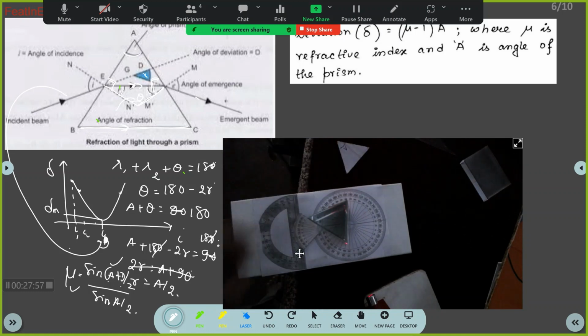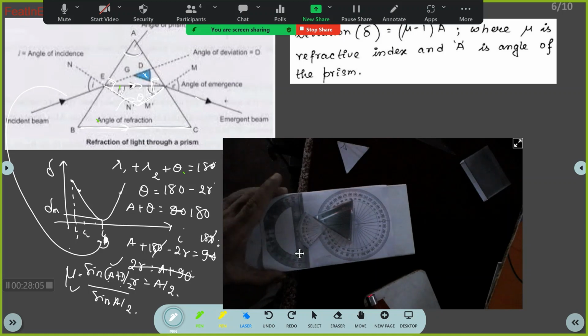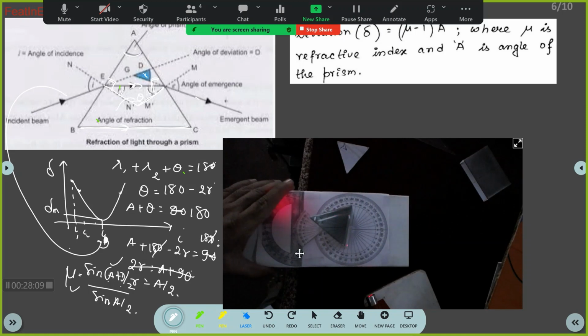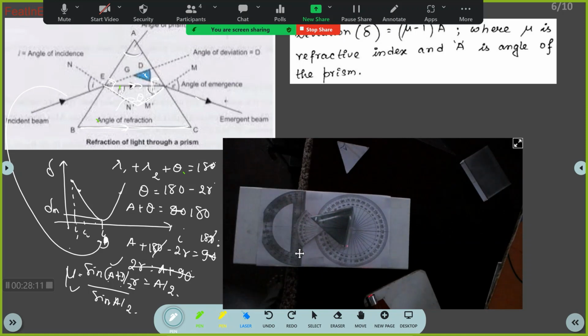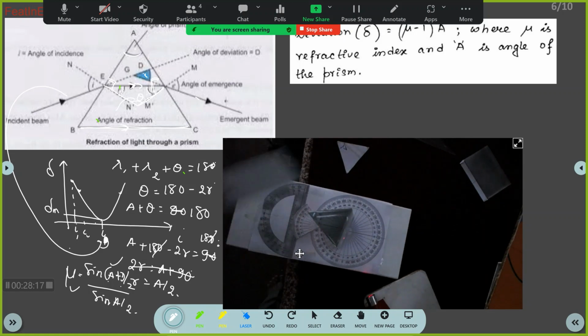Mr. Murthy, be careful. See, the light is coming out of this face. Okay, it's coming out here. Now I will keep on decreasing. See, now it is coming out of this face. Can you see?